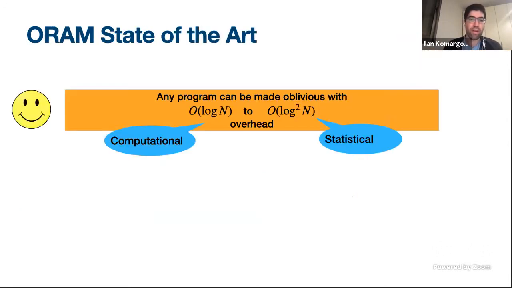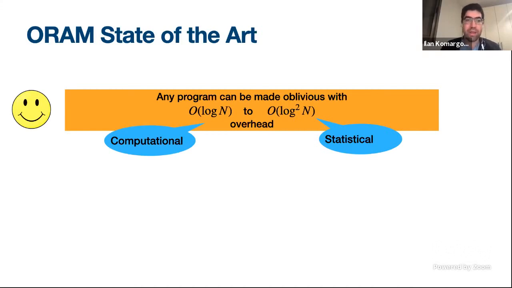So the state of the art of ORAM has advanced a lot since the introduction of this problem about 30 years ago. By now we know essentially that for any RAM program that you give me, I can make it oblivious, implementing the same functionality with just a very small overhead in the number of accesses.